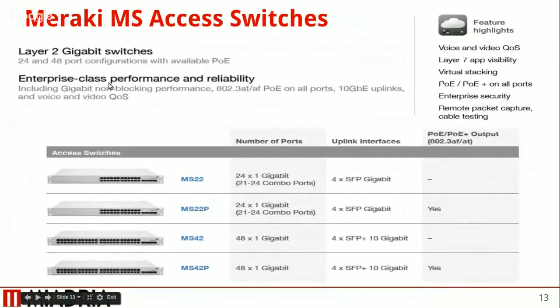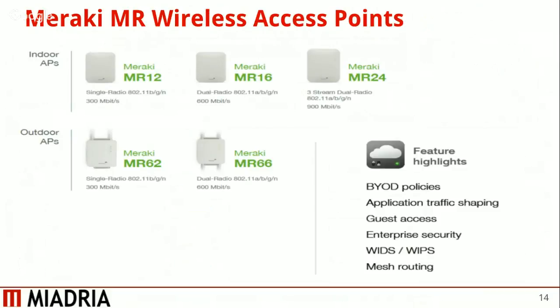Of course, there are a number of Ethernet switches to connect your equipment, and Meraki is very strong in providing wireless access points where you can bring your own device policies managed on a number of access points within the same network.